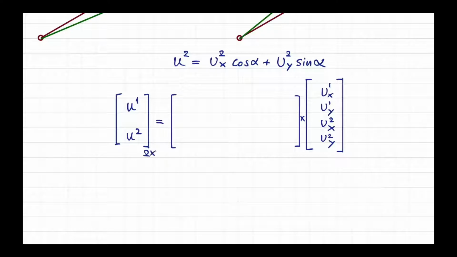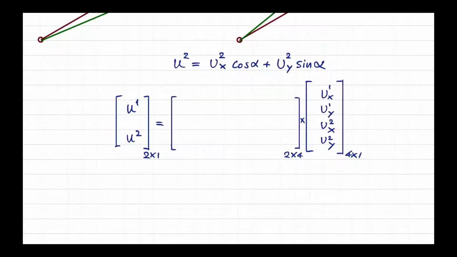So 2 by 1 is the 2 by 4 and 4 by 1. Okay, so U1 is equal to cosine alpha U1x sine alpha U1y, 0 u2x, 0 u2y, and here cosine alpha and sine alpha.